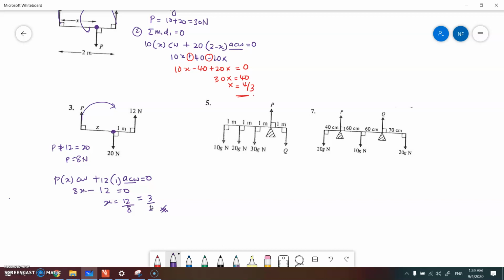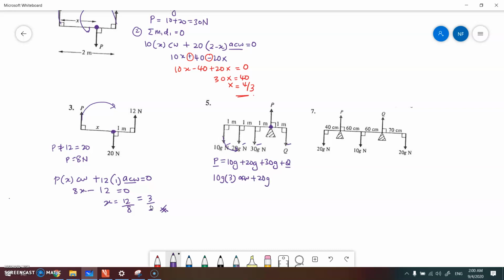Let's say P is 10G plus 20G plus 30G plus Q. So there are two unknowns, so you cannot solve this yet. So if you use the moment at this point, you have 4 forces. So 10G, the distance is 3, so it moves anti-clockwise.